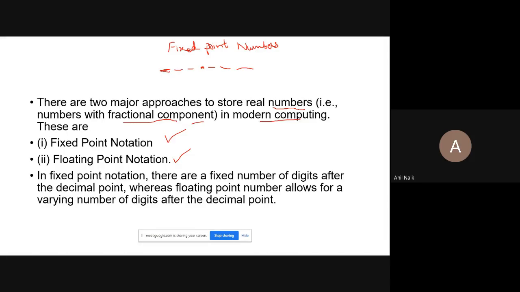For example, 134.199. The digits are fixed before and after the decimal point, whereas the floating point number allows varying the number of digits after the decimal point.